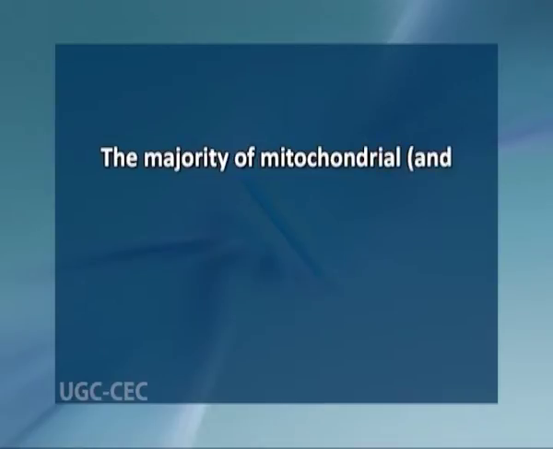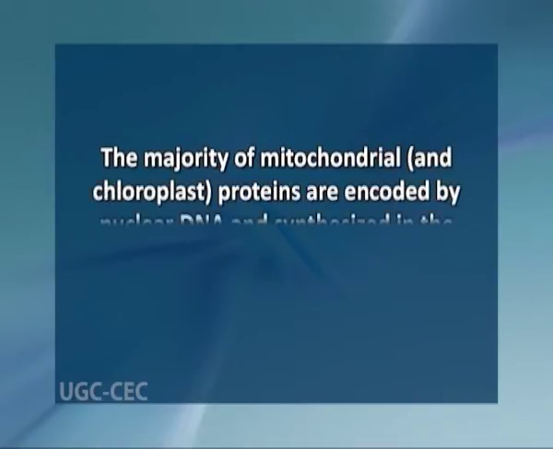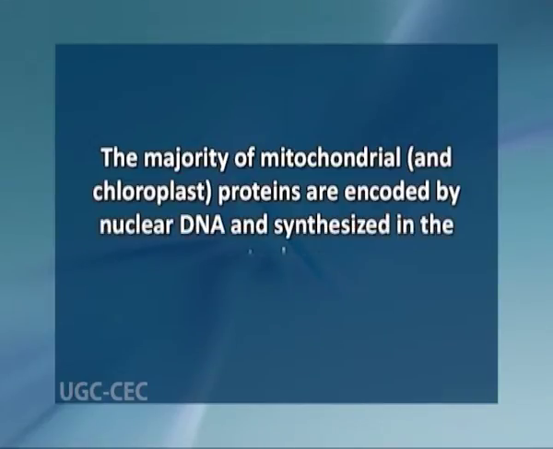However, the majority of mitochondrial and chloroplast proteins are encoded by nuclear DNA and synthesized in the cytoplasm. These latter proteins have specific signal sequences that target them to the mitochondria.